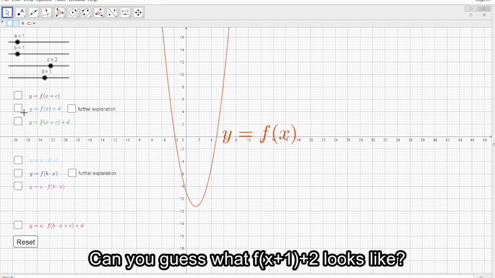Can you guess what f of x plus 1 plus 2 looks like?